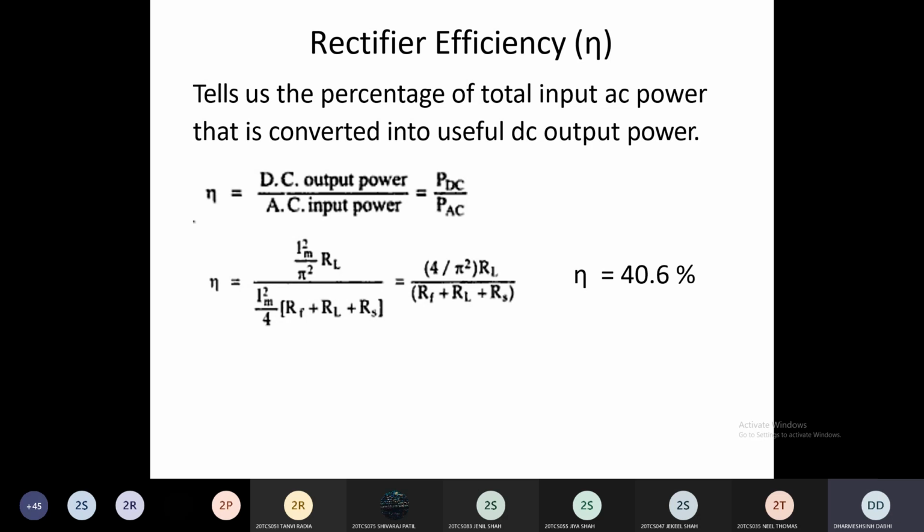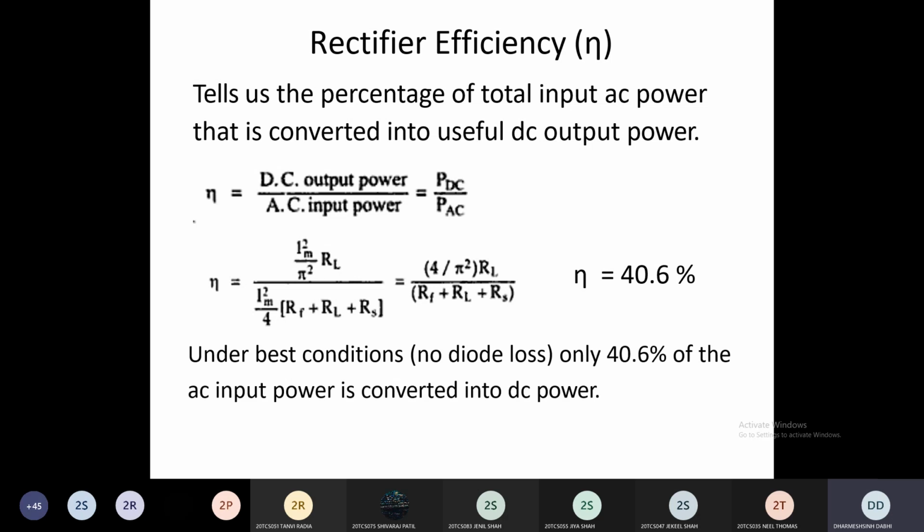It means 60% of your total supply power is wasted in this single phase half wave rectifier circuit. So one disadvantage of half wave rectifier, we can write, is poor efficiency. Because it converts only 40% of your input power into DC power. Clear, all of you?